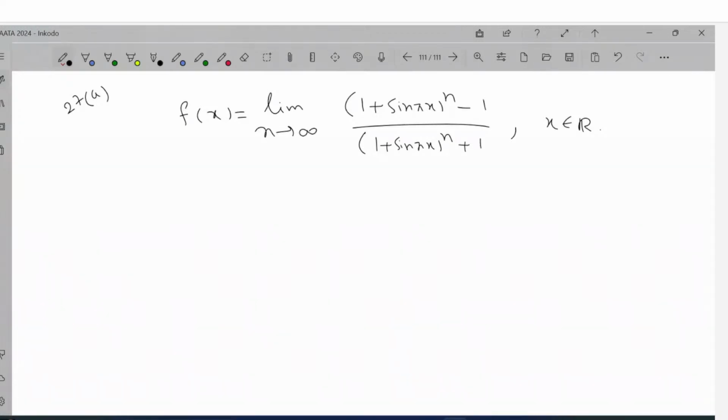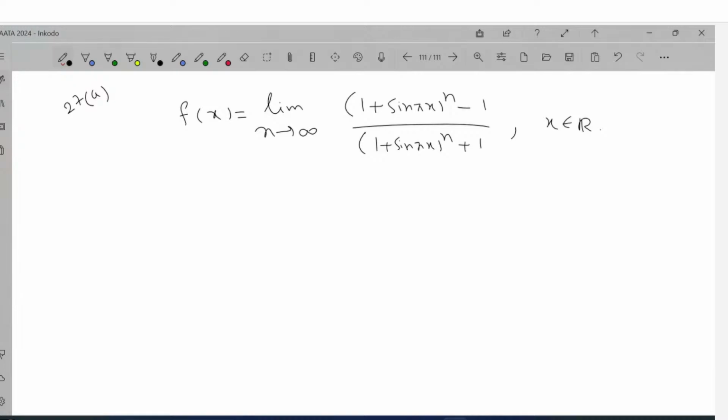Now, one thing is very simple. If x is some number, then this becomes very easy. First, let's say x is an integer. Then what will happen? So sin pi x will be 0. Let's say case 1.